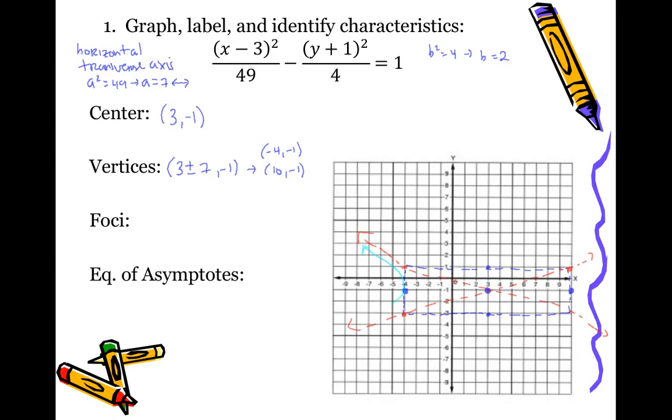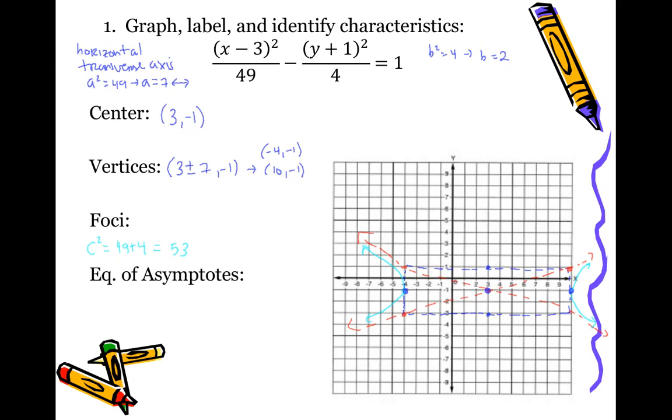So there is my hyperbola. And then I just need the foci, right? So c squared equals a squared plus b squared. So 49 plus 4 is 53, which I don't, does that divide by anything?